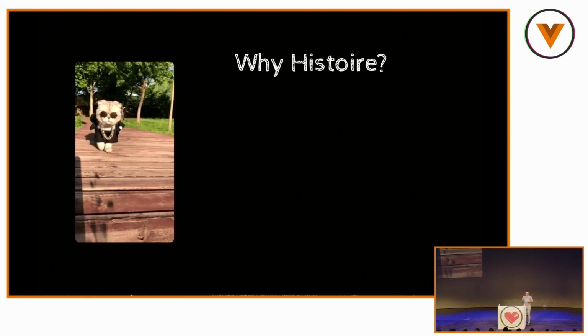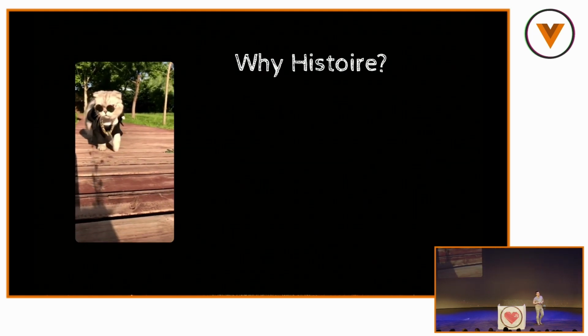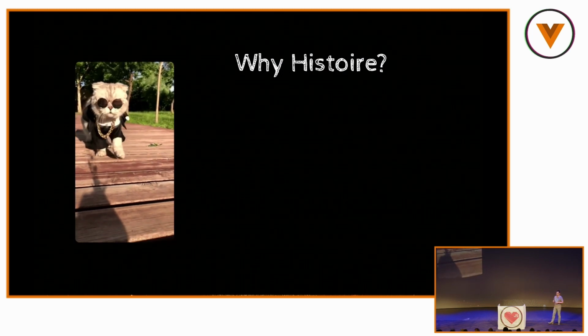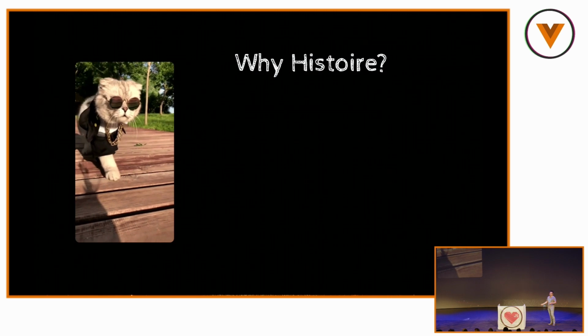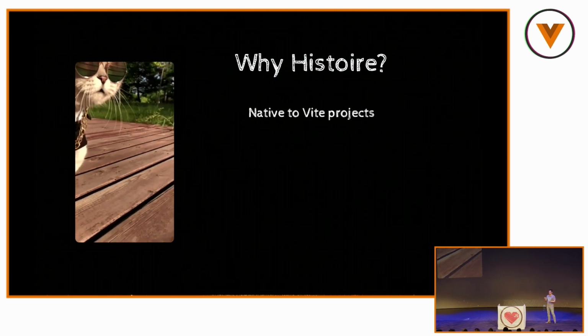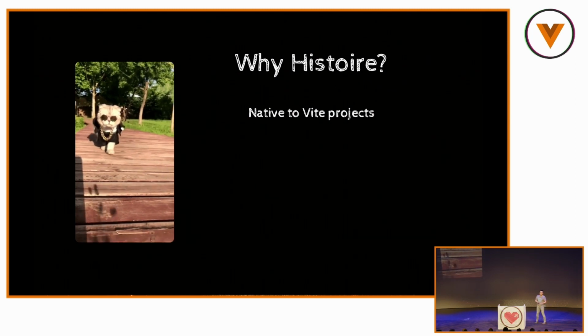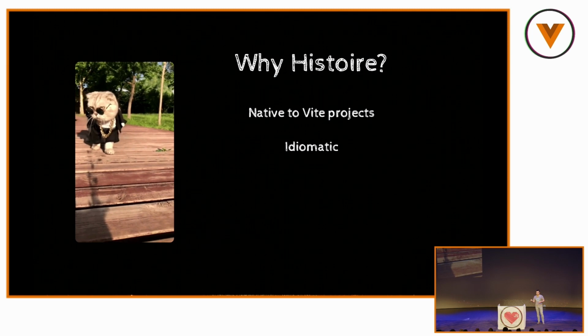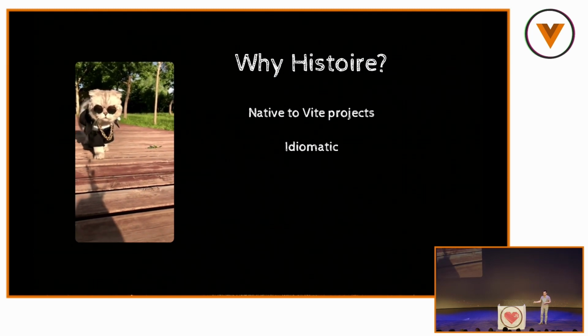So why should you try Histoire in the first place, right? Because we have other solutions. So the core values I wanted to have while building it is first to be Vite native, as I talked about. I also wanted to be idiomatic to the developers using it.